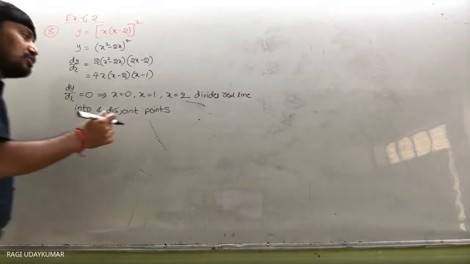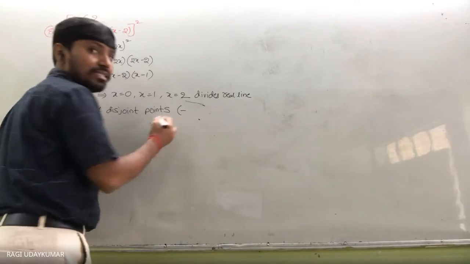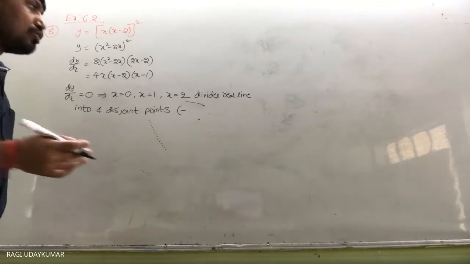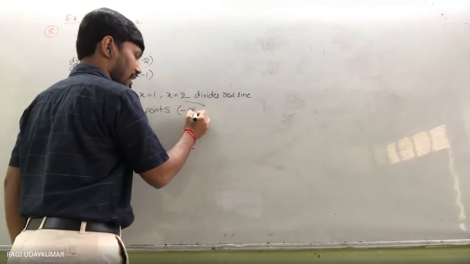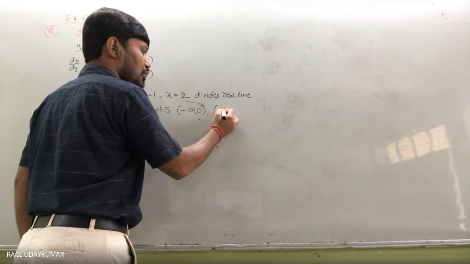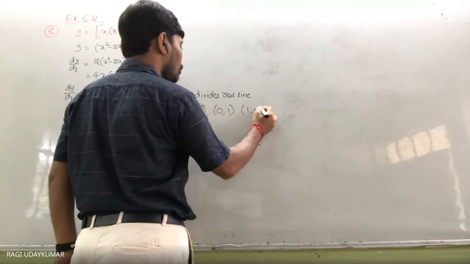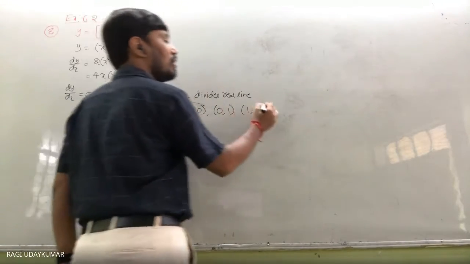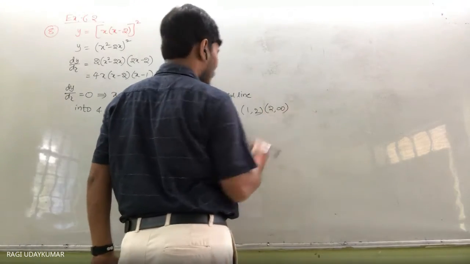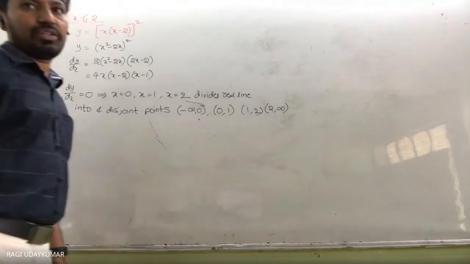So what are the disjoint intervals? Minus infinity to 0 is one, 0 to 1 is another, 1 to 2 is another, and 2 to infinity is another interval. 4 intervals we are going to get.